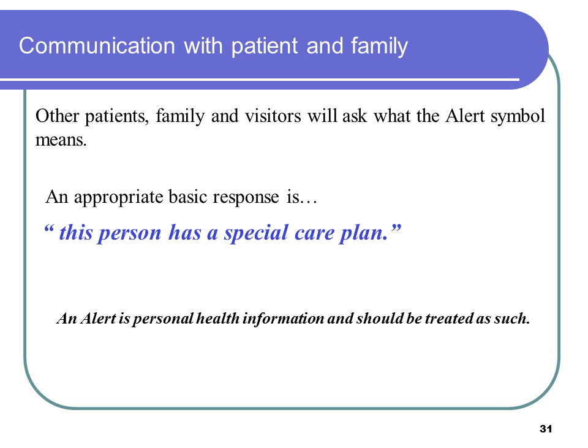What about communicating with other residents, family, and visitors? They're going to ask about the alert symbol when they see it. If you recall back to the violence prevention education that we completed over the past several months, the basic response is simple. It should be, this person has a special care plan.